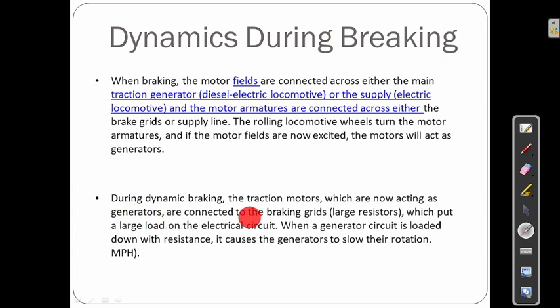During dynamic braking, the traction motors, now acting as generators, are connected to the braking grids, which are large resistors. These put a large load on the electrical circuit. When the generator circuit is loaded down with resistance, it causes the generators to slow their rotation.